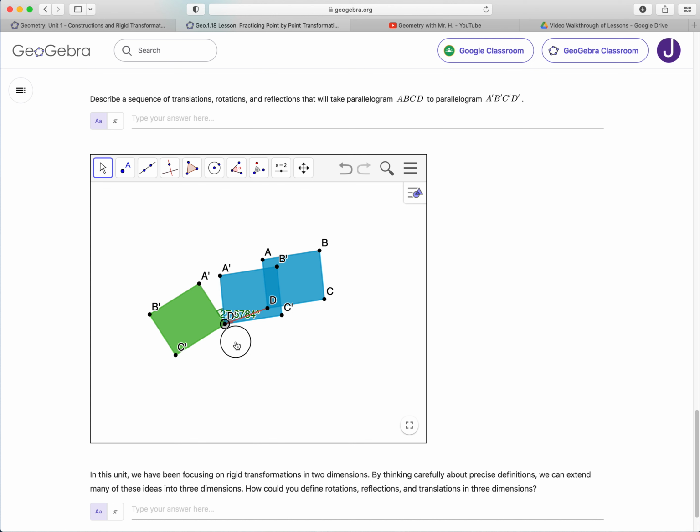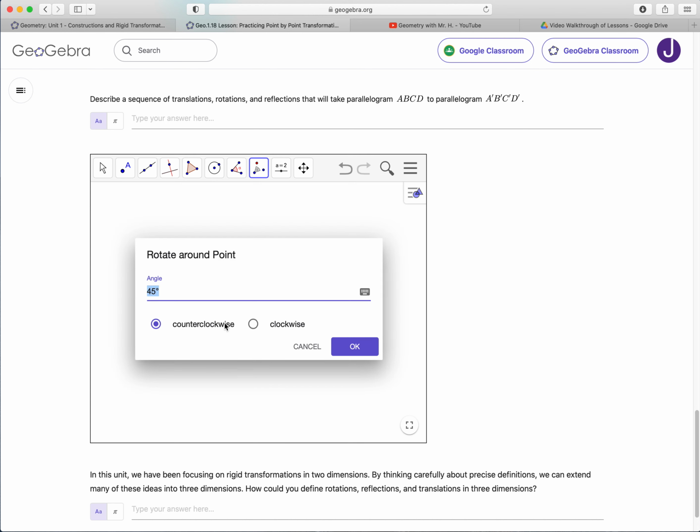And I can't move the letter either. Is that 27.6784, I think. 27.6784. So let's try it out. 27.6784, I think. And we're going this way, so that's counterclockwise.